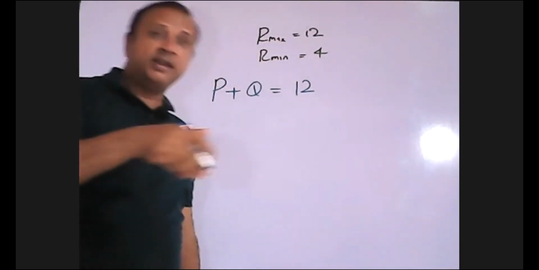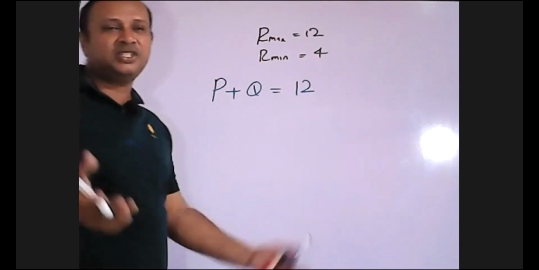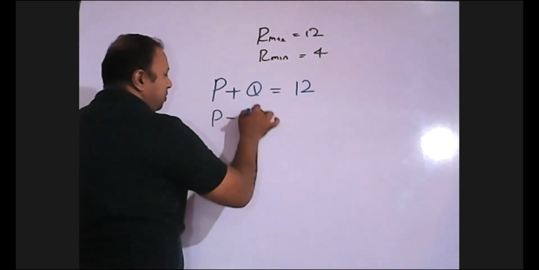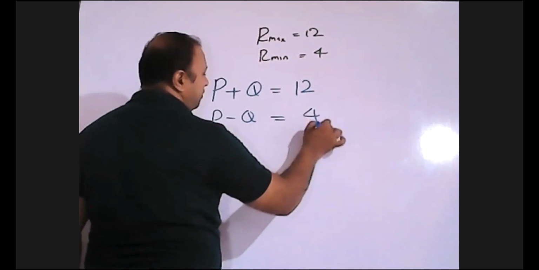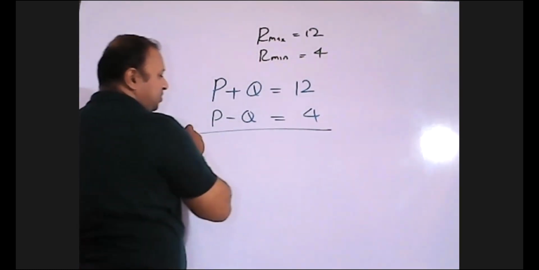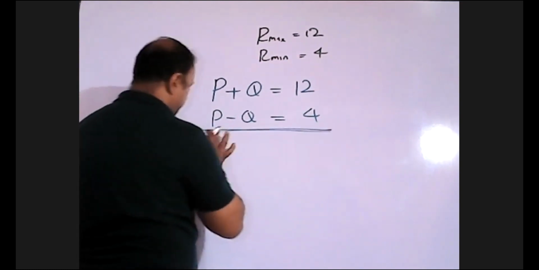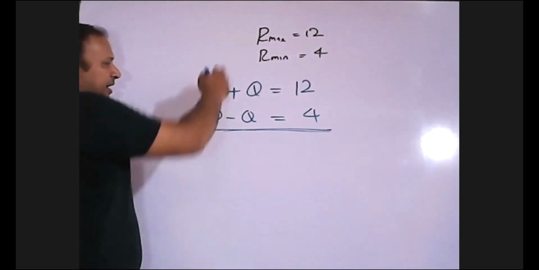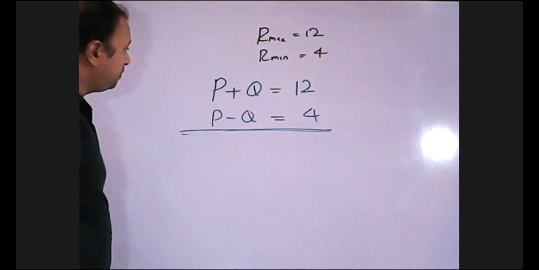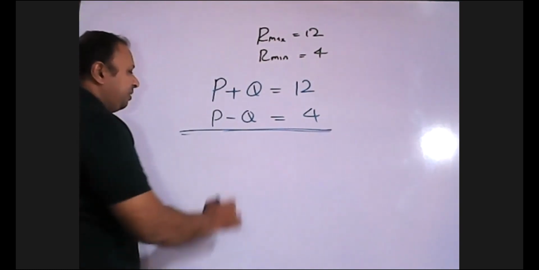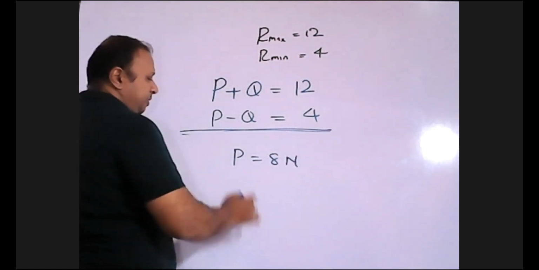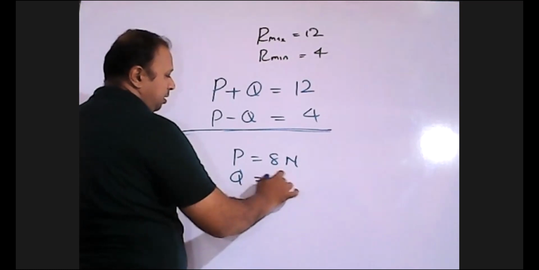The minimum one is equal to the subtraction between them, P minus Q is equal to 4. If you add these two equations, Q will be cancelled out. 2P equals 16, so P is equal to 8 Newton. That means Q is equal to 4 Newton.